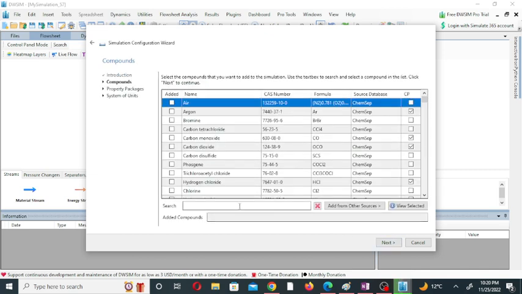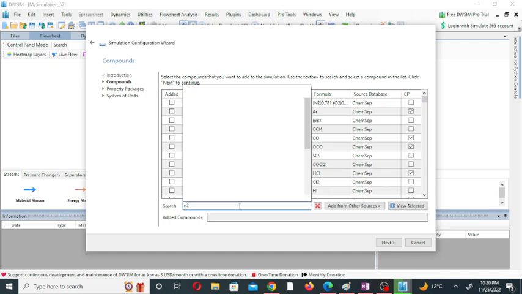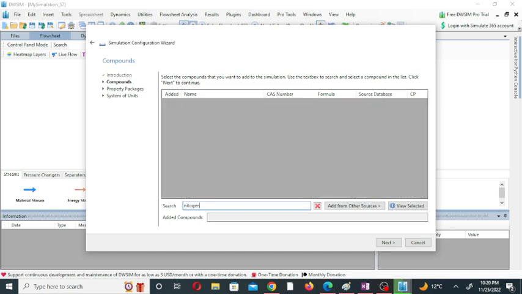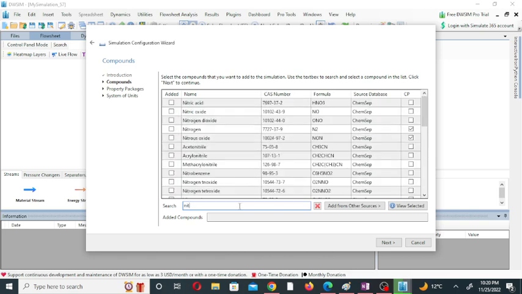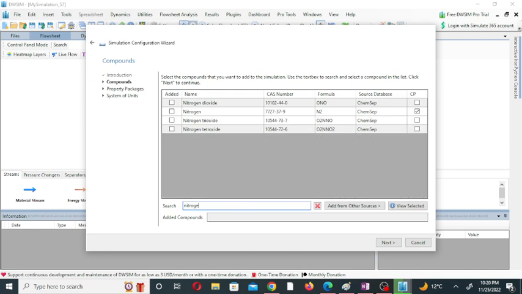Add component. There are two components: dinitrogen tetroxide, N2O4, nitrogen tetroxide.